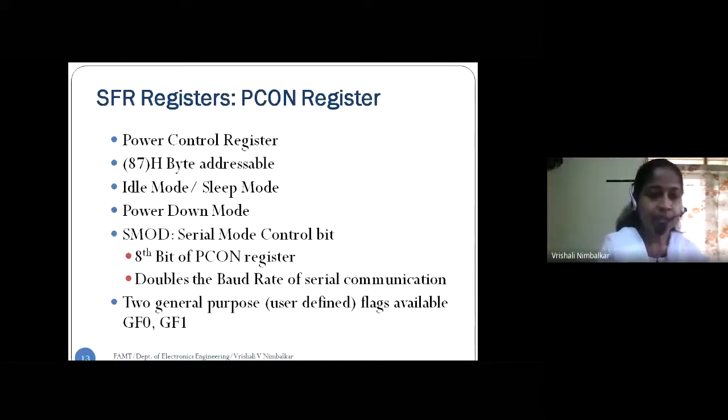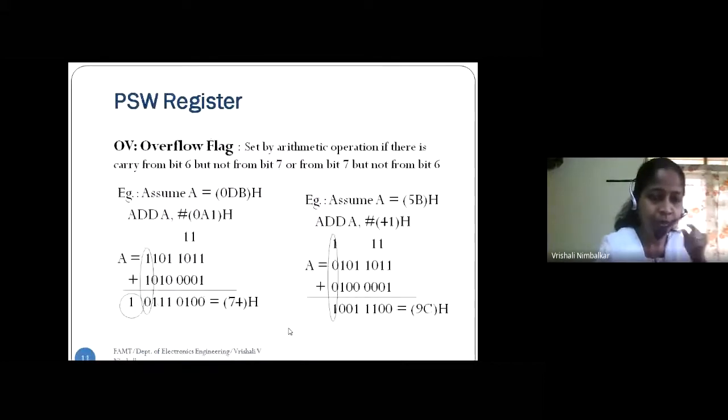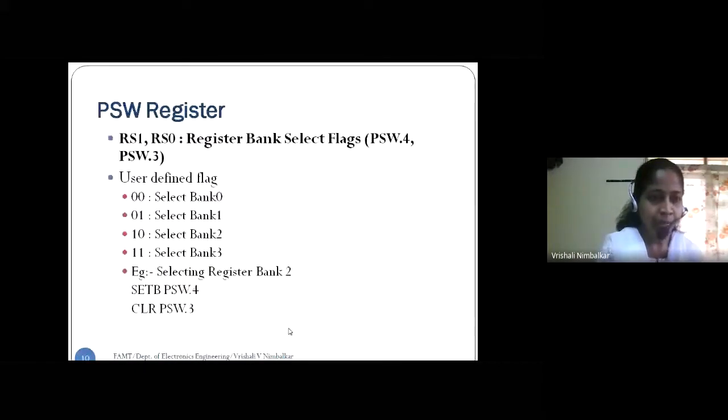Okay, in the last lecture, we had studied the flag register PSW, that is program status word. What is the functioning of that flag register? It stores the status of operations performed by ALU. What status? After the operation has been performed, whether carry has been generated or was there an auxiliary carry?